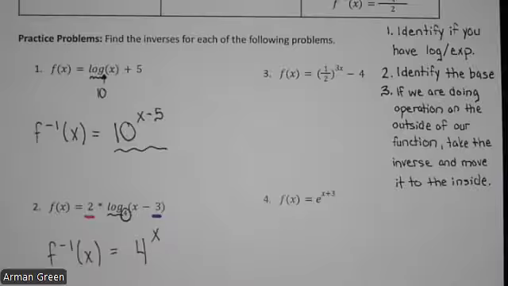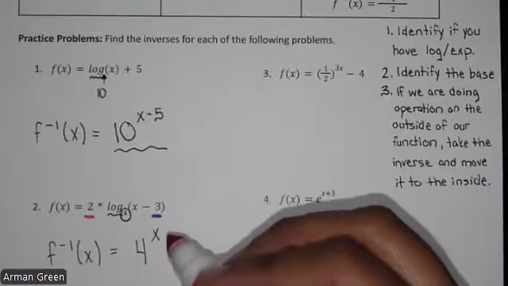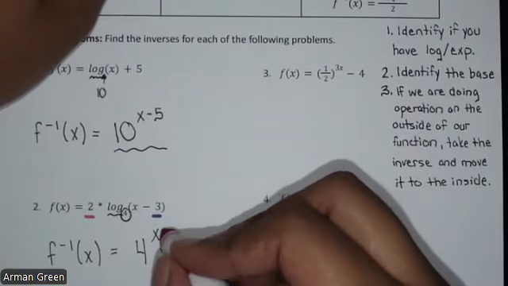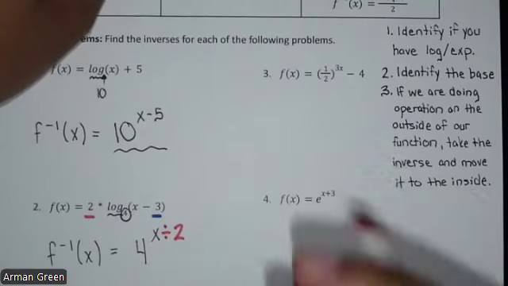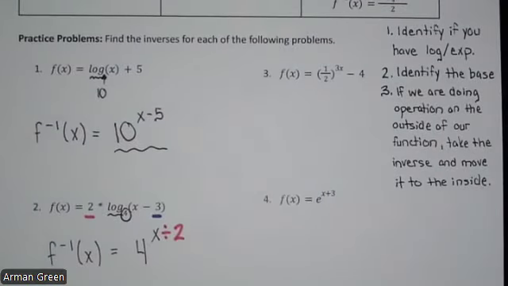So that means that with our function, we are going to be taking our exponent and dividing it by 2. So I literally wrote the division symbol here, or you can write x over 2, it does not matter. But I'm just showing you that we're taking this 2 that's being multiplied, and now we're doing the opposite and moving it to our exponent.